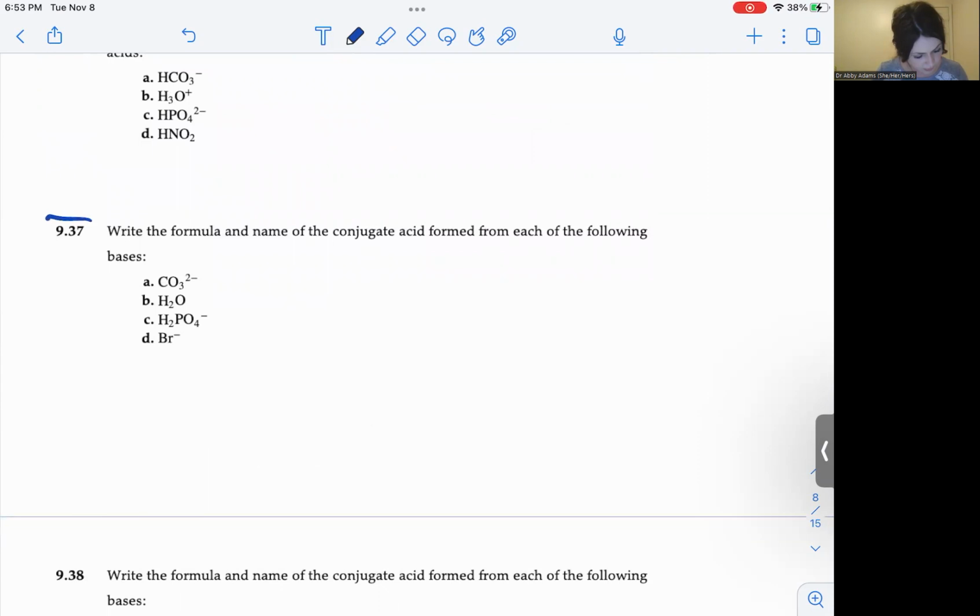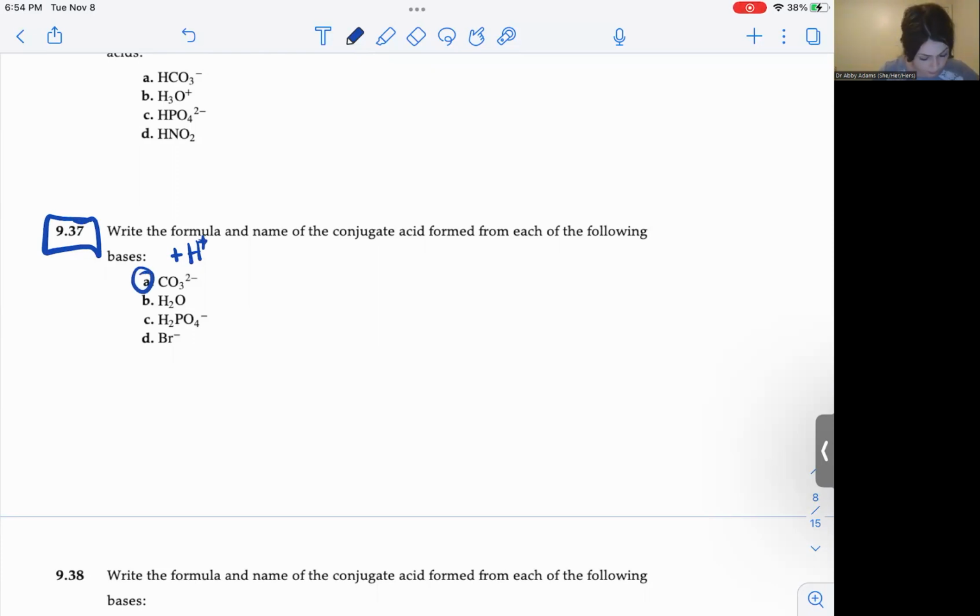So let's do 9.37. We are going to write the formula and name of the conjugate acid formed from each of these bases. So these are bases. To form the acid, we're going to pick up a proton, right? So how are we going to write out A?